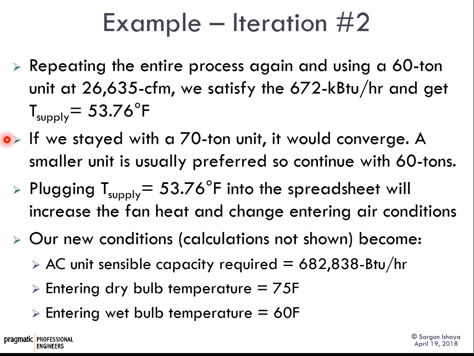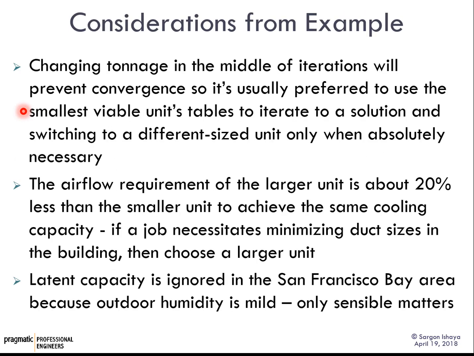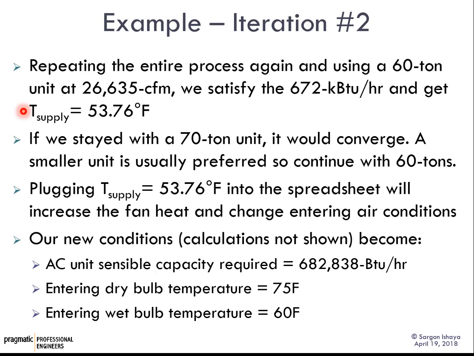We're kind of jumping around instead of maintaining the supply air temperature very close to what we had before, which is what would happen if we converged. Instead of having a supply air temperature that was very close to what we calculated before, indicating convergence, we are now much different because, again, we switched the unit size.